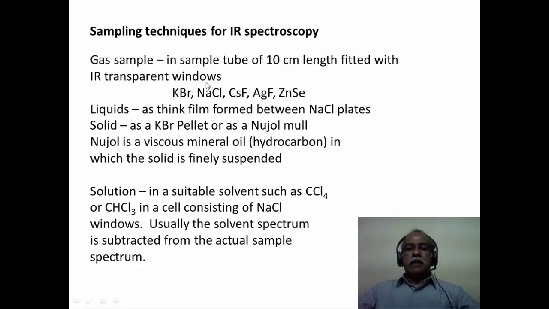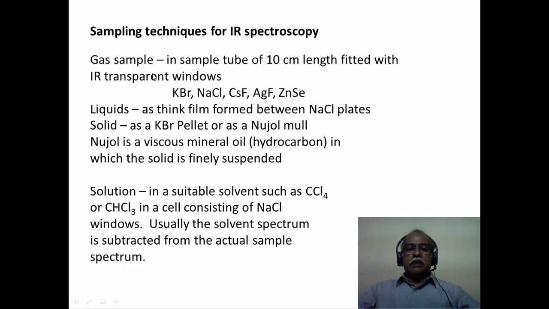So inorganic salts or inorganic materials are used as transparent windows, such as potassium bromide, sodium chloride, cesium fluoride, silver fluoride, zinc selenide, and so on. They are used as material for making the cells and windows of the infrared sampling technique.